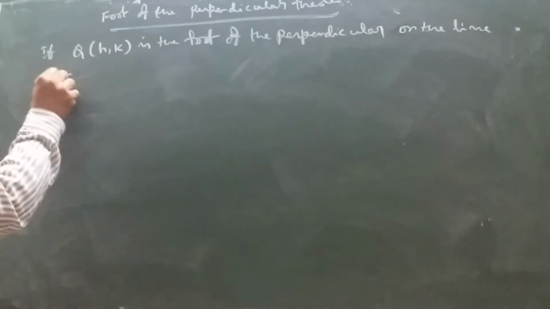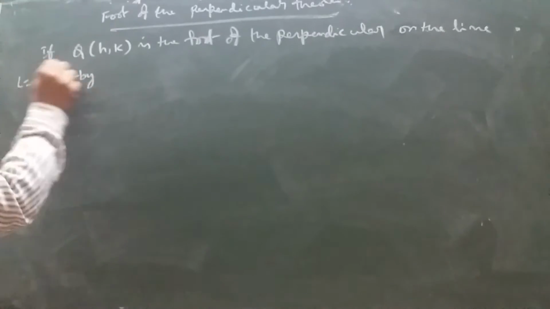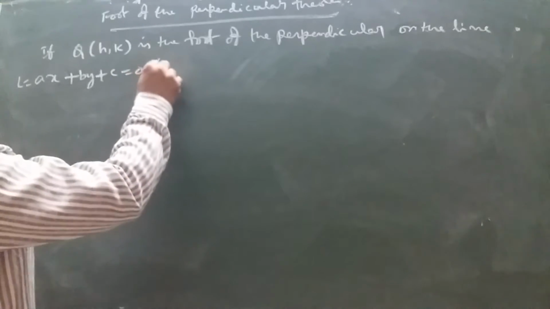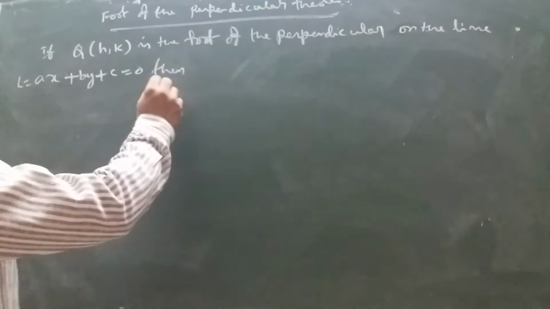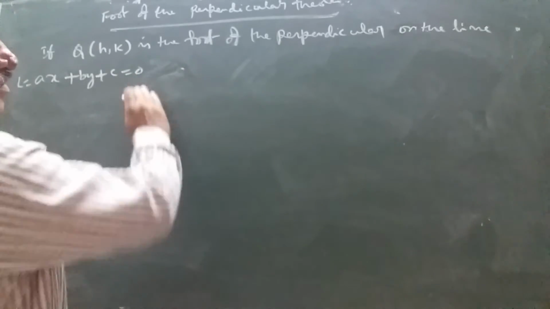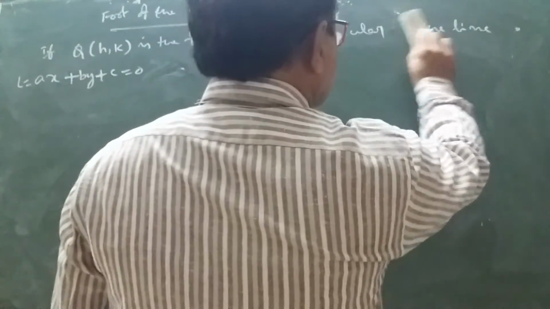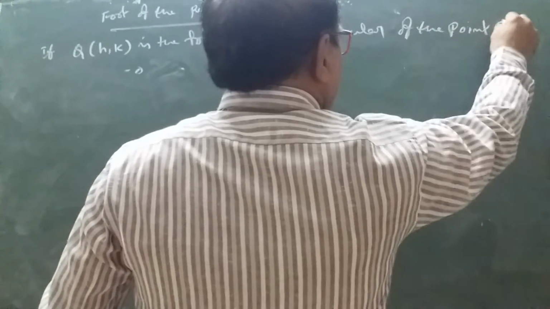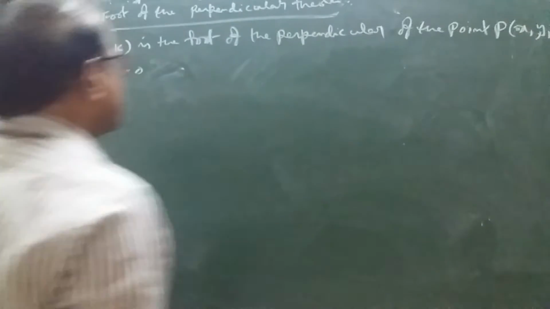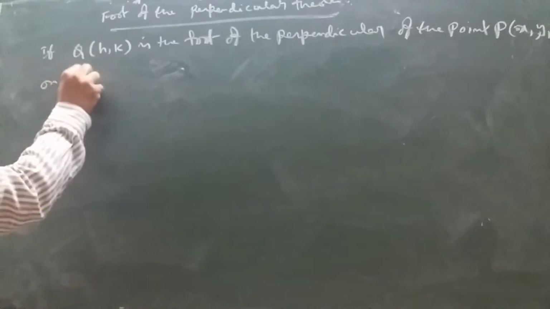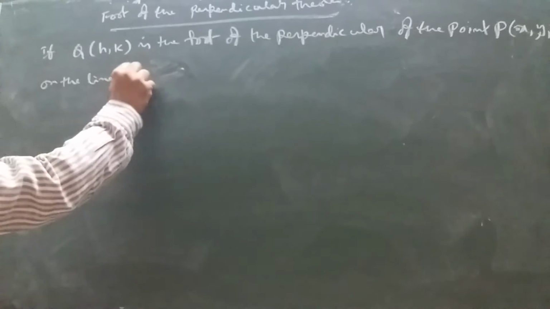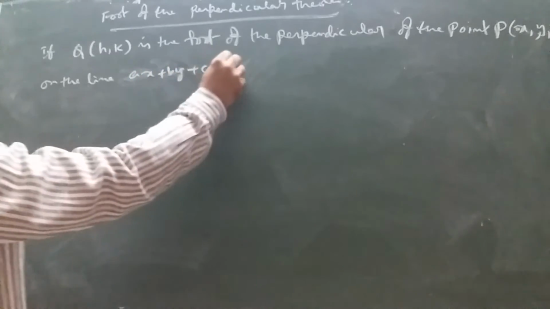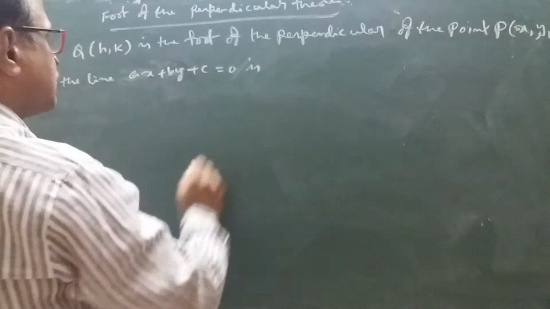on the line ax + by + c = 0, then the foot of the perpendicular of the point P(x1, y1) on the line L: ax + by + c = 0.